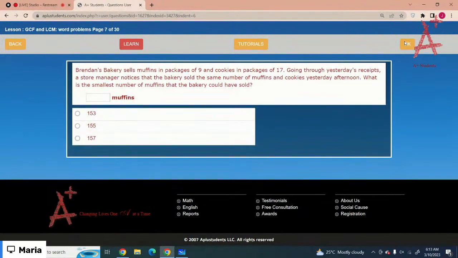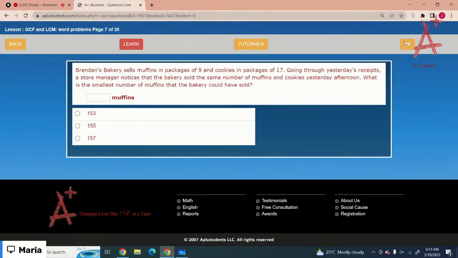Brandon's Bakery sells muffins in packages of 9 and cookies in packages of 17. Going through yesterday's receipts, the store manager notices that the bakery sold the same number of muffins and cookies yesterday afternoon. What is the smallest number of muffins that the bakery could have sold? 9 and 17. 17 is a prime number.